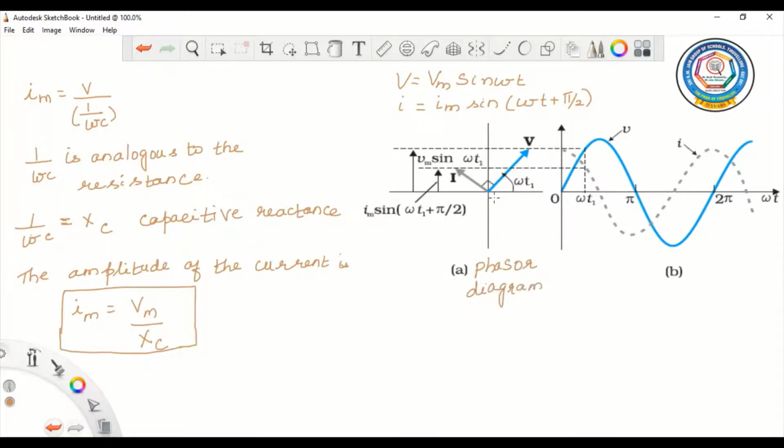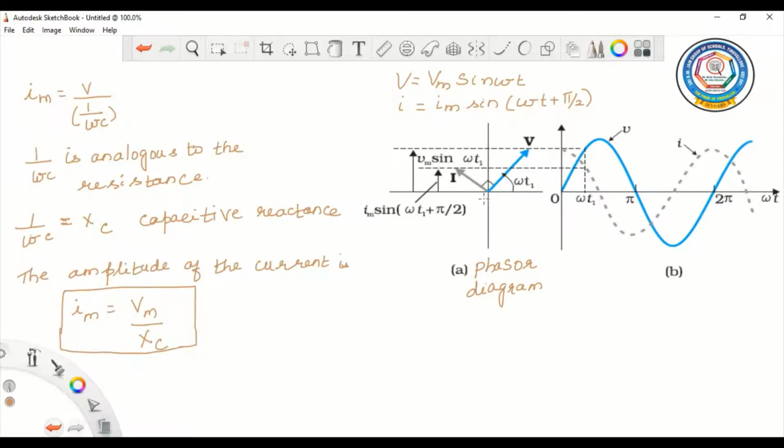And this diagram shows voltage and current, and along the x-axis we have omega t. So this is the graph of voltage and current versus omega t. Now first let us consider this phasor diagram. So look at this diagram, children.